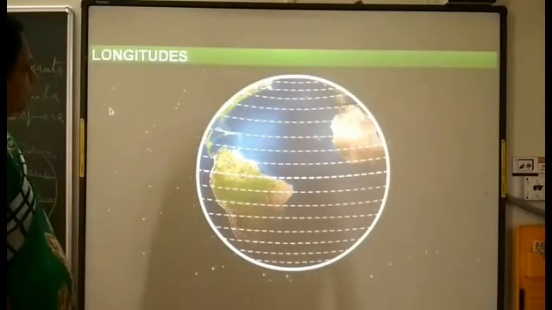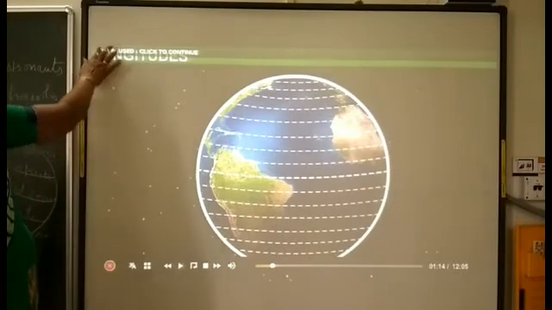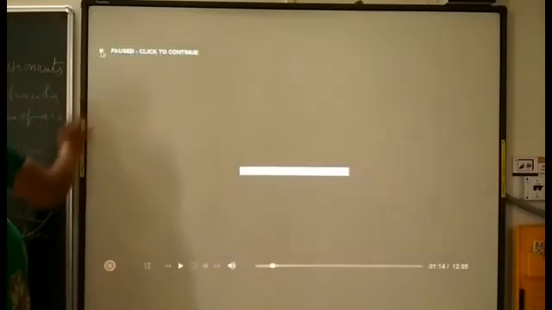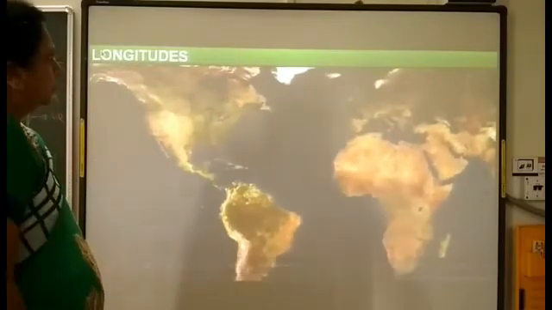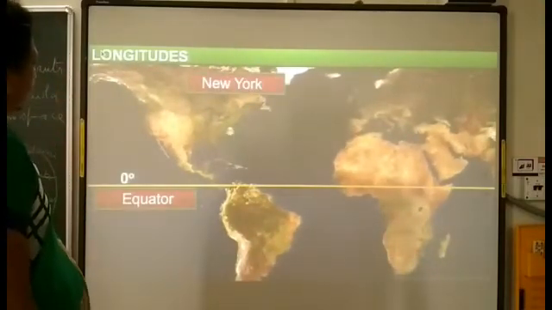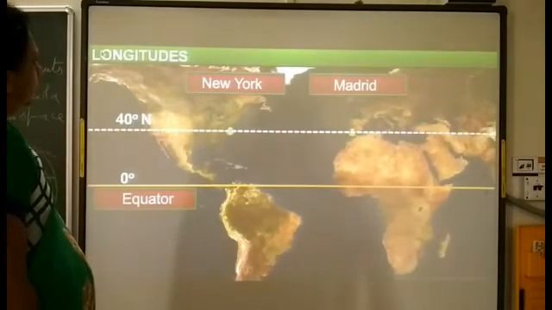Let's look at an example. If you look at this world map, you will observe that New York and Madrid lie on the same latitude, 40 degrees north.